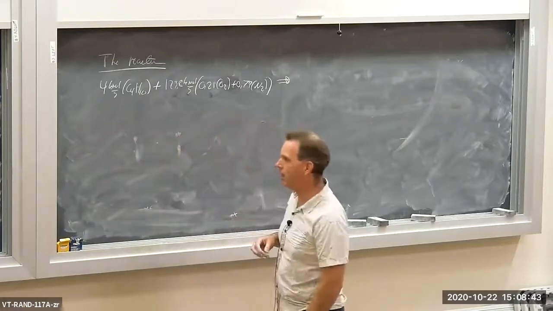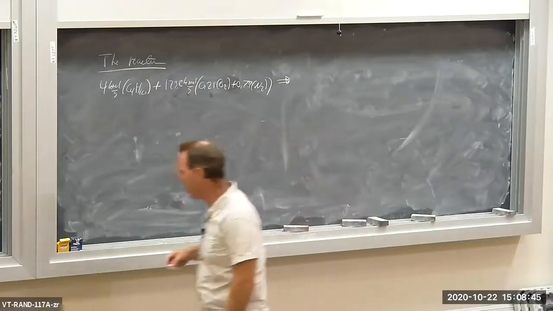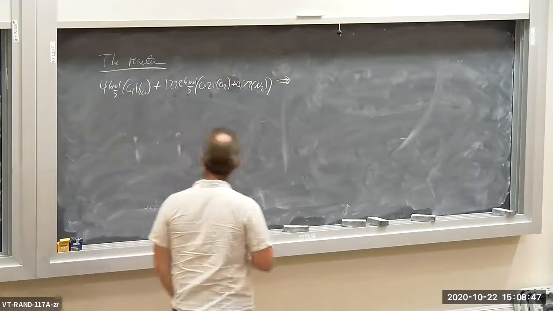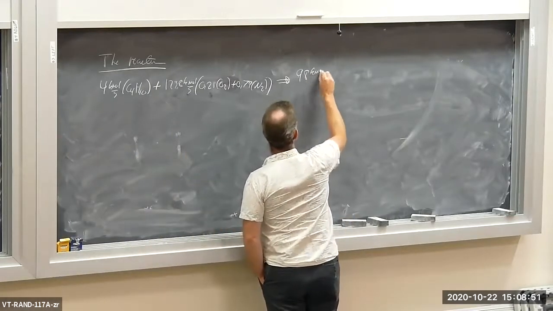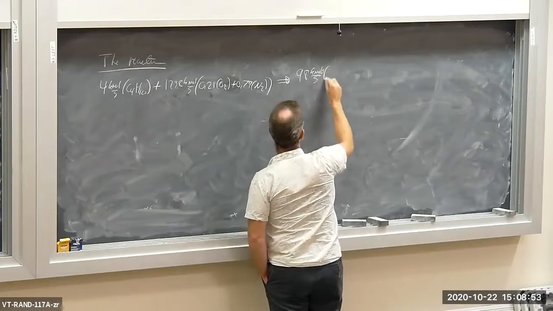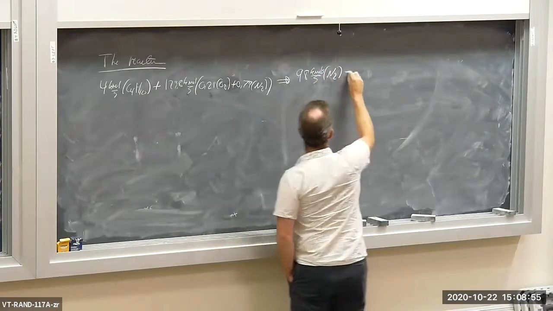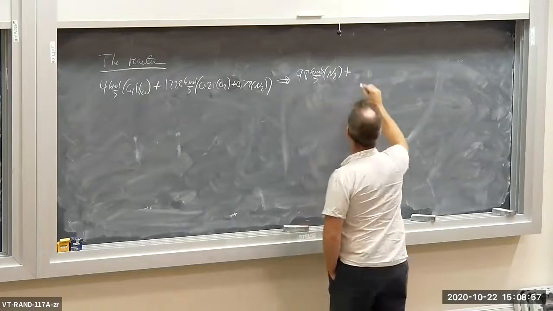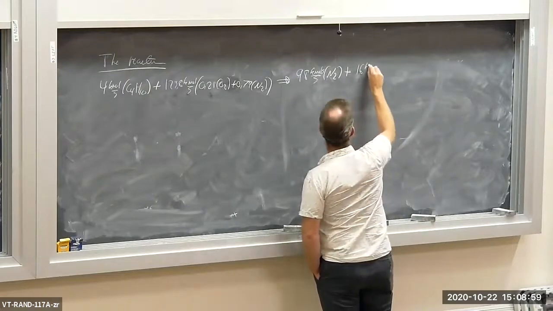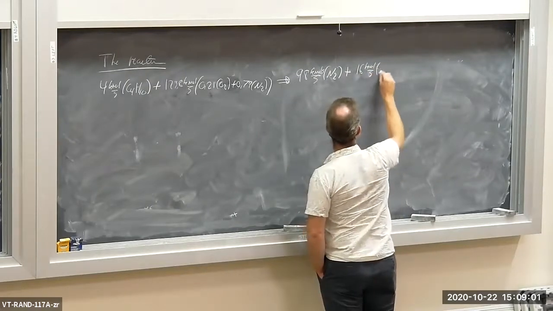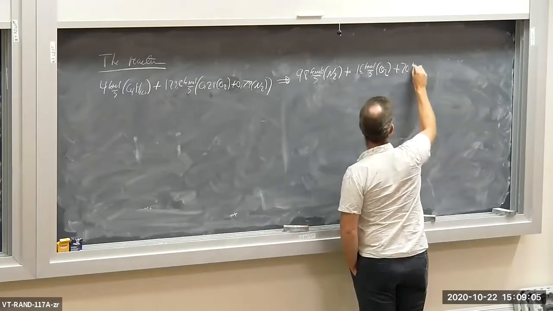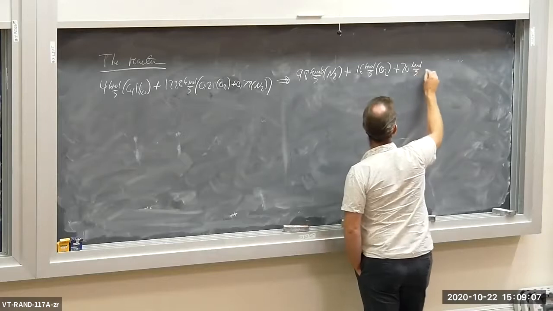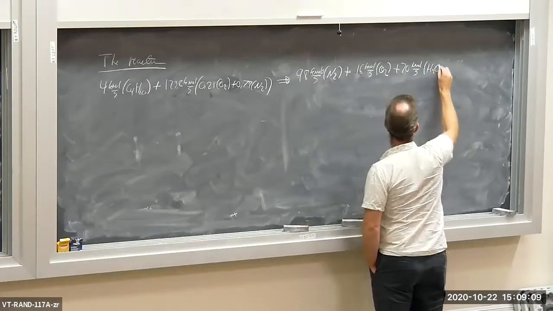So how much nitrogen is in the outlet? 98 kilomoles per second of nitrogen plus 16 kilomoles per second of CO2 plus 20 kilomoles per second of H2O.